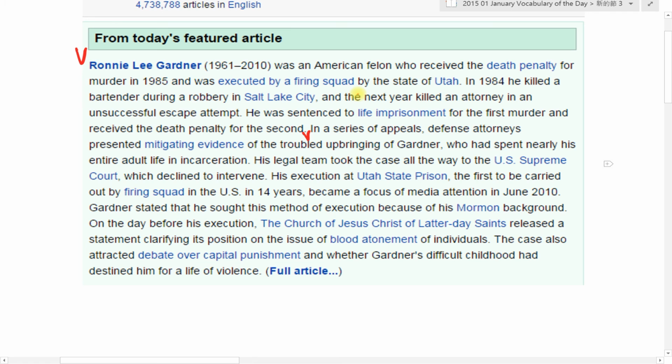In 1984, he killed a bartender during a robbery in Salt Lake City, and the next year killed an attorney in an unsuccessful escape attempt. He was sentenced to life imprisonment for the first murder and received the death penalty for the second.